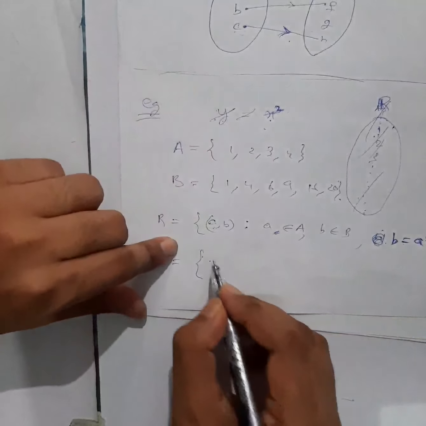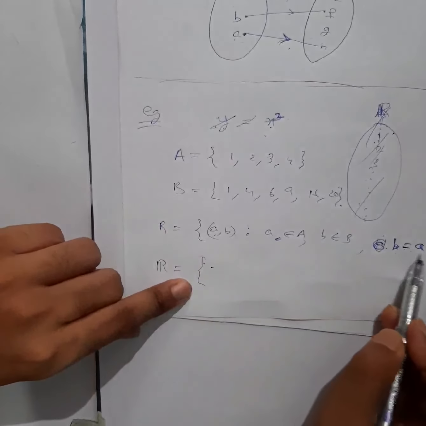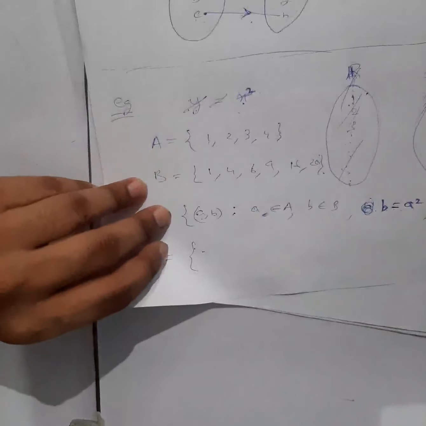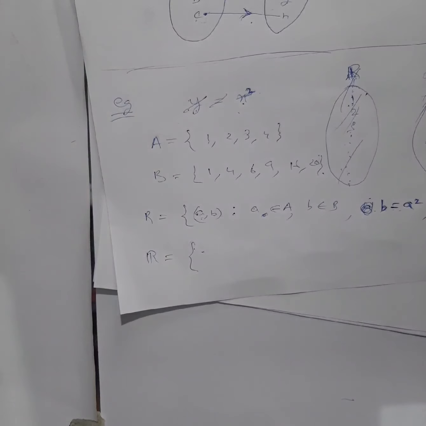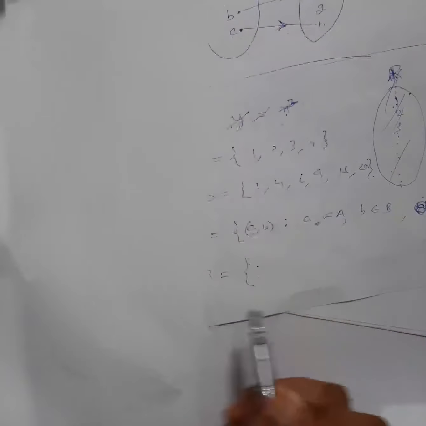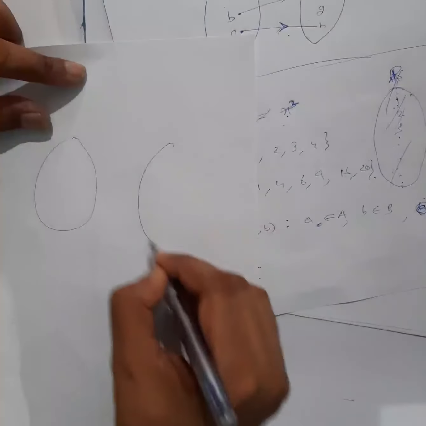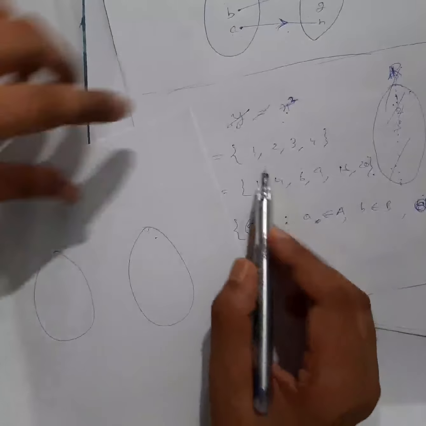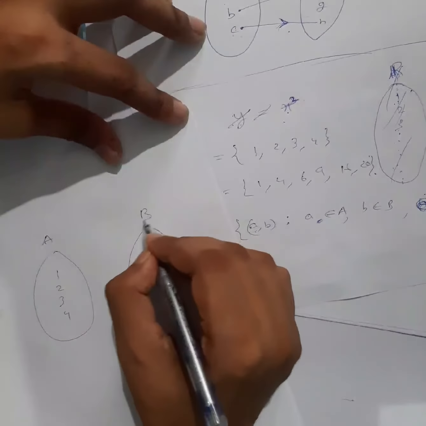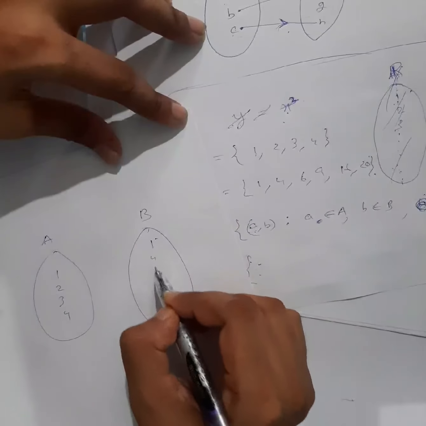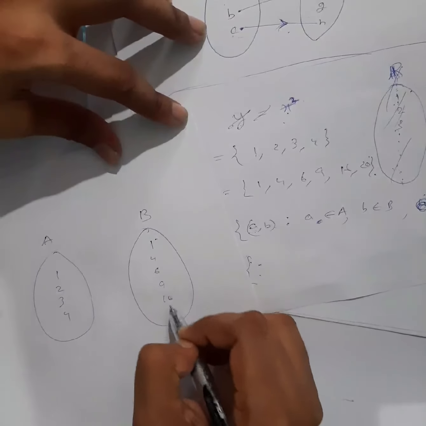Here I will get b equal to a square, means I will check one by one. Let me take another paper again. When I write the relation set, it is better to draw an arrow diagram. So see here, this is your set A: 1, 2, 3, 4. This is your set B: 1, 4, 6, 9, 16, 20.